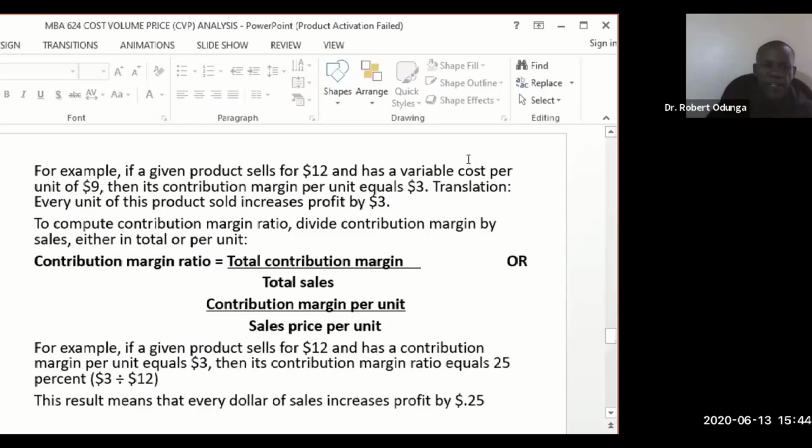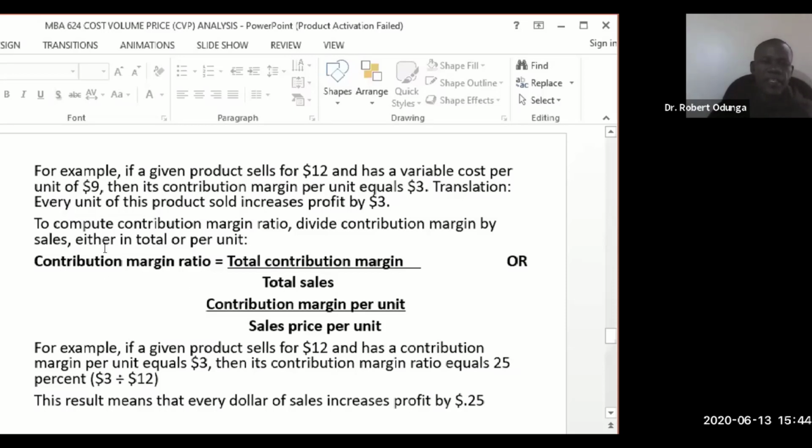Now, every unit of this product sold increases profit by $3. So that means for every unit that we sell, our profit is increased by $3. All right.